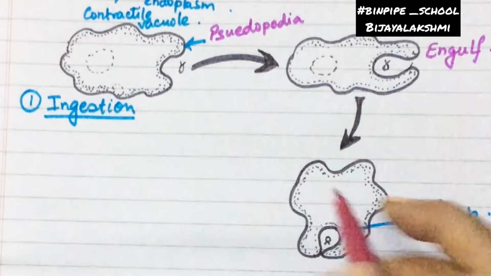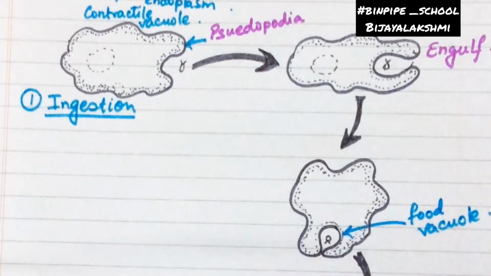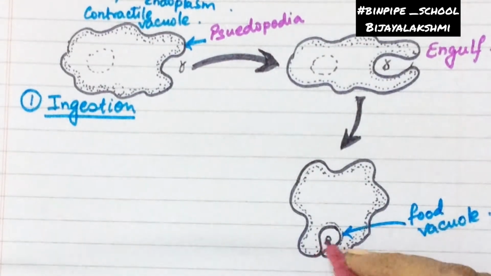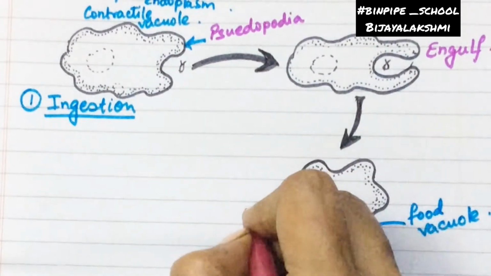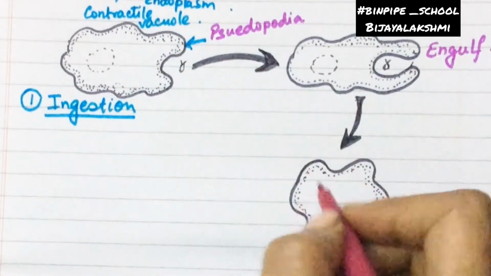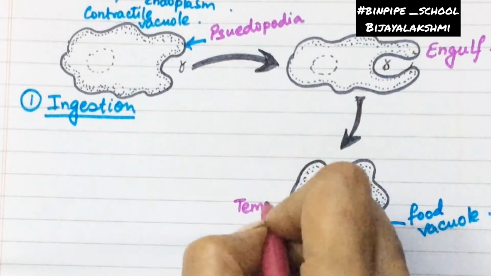So here in this region, the food gets surrounded and it forms a temporary stomach. Here we have a temporary stomach.